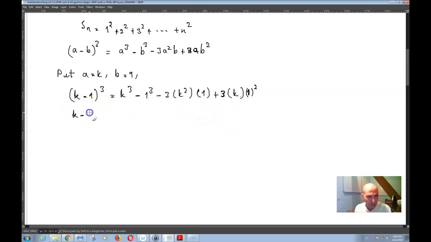So (k minus 1) whole cube is equal to k cube minus 1, and that is negative 3 times k squared plus 3 times k.